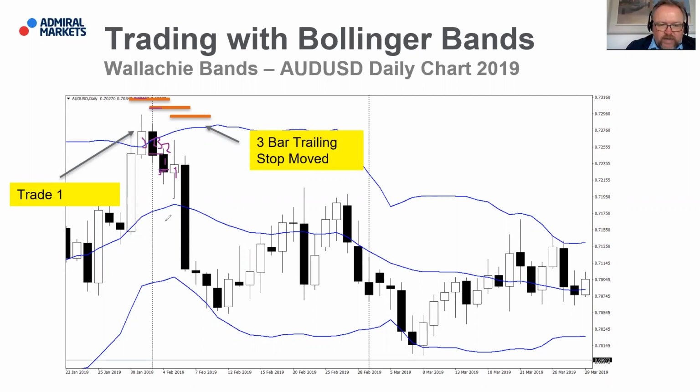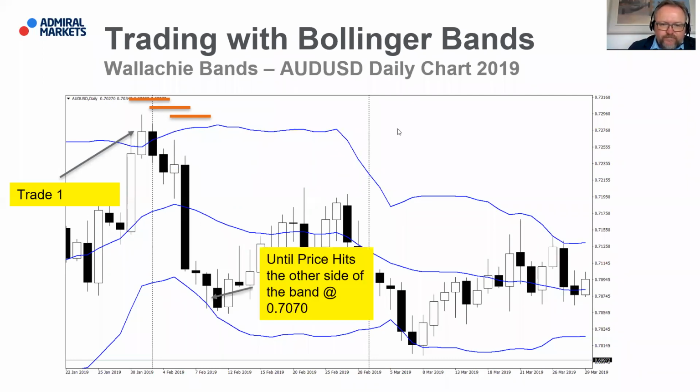After the third day, we can see there was a big sell-off and price moved down, and our stop moved its way down. And this is the belt and braces: we have a target, but we're trailing our stop as well, just to make sure that we're okay.